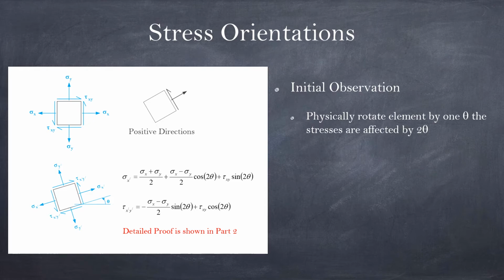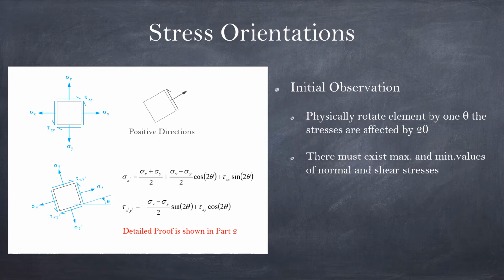Degree, for example. So this is something that we have to bear in mind when we think about the orientation of the elements and the stress values associated with them.